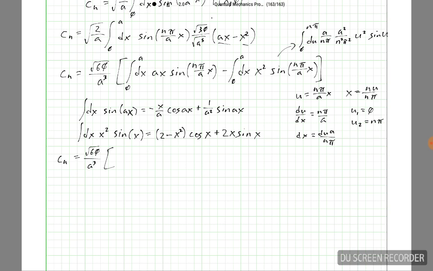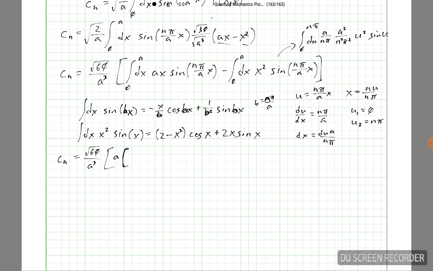Okay, so the first one, it's a little bit confusing. How about we just call that B, so that this can be a little bit more clear, that I'm not talking about the same A there. And then B is going to equal n pi over A. So what I get for my first integral is I have a, because it's times everything there.